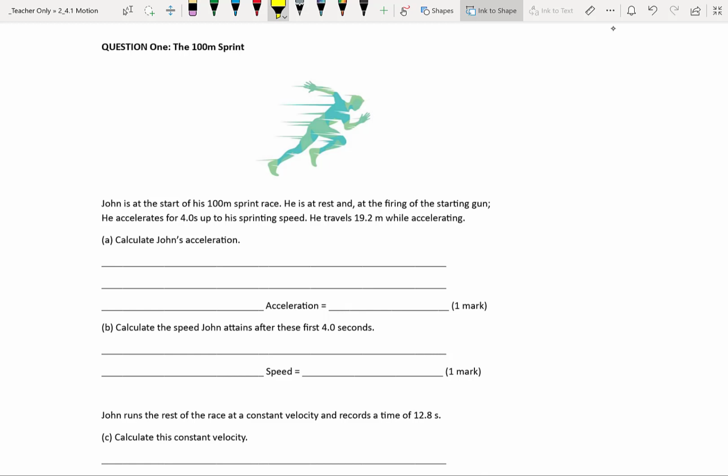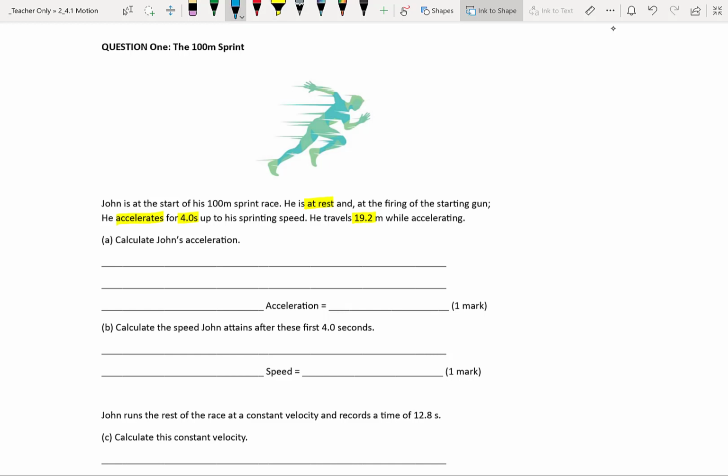So John is at the start of his 100 meters sprint race, and he is at rest. At the firing of the starting gun, he accelerates for 4 seconds, and in this period of time he travels 19.2 meters.